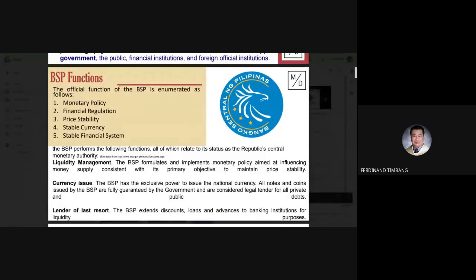For price stability, they are trying to control inflation, no? Same with a stable currency. If there is an oversupply of dollars, they will also control the supply of dollars, and not just dollars but other currencies too. Because they would like to have a stable financial system.